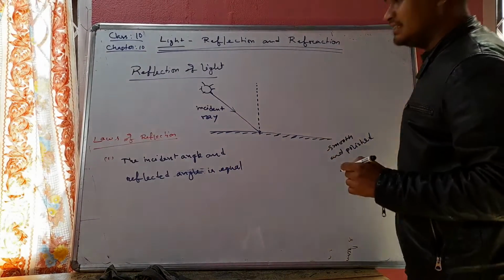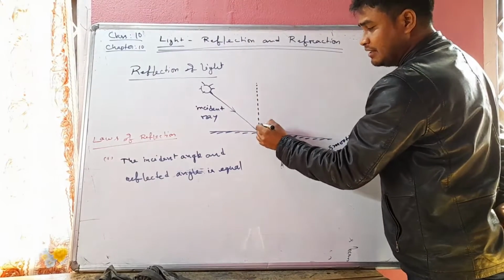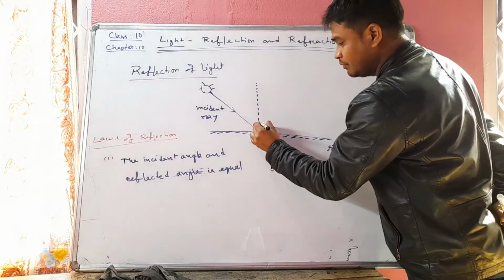So what is the incident angle? The angle made by the incident ray with the normal.